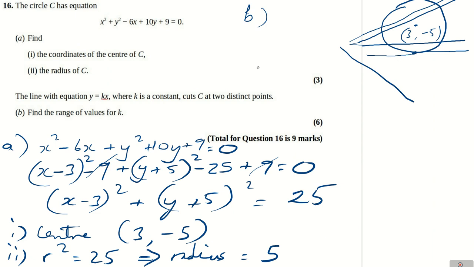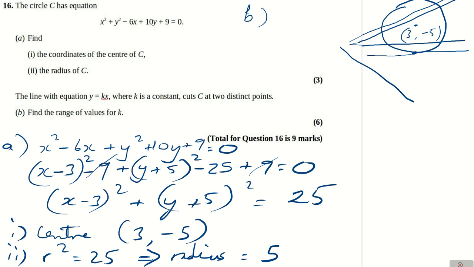So that's not going to fulfil the condition here that it's got to cut it at 2 distinct points. What we need to do is get an equation to solve to work out the value of k, and then put the condition on that equation that it's got to give us 2 real roots.